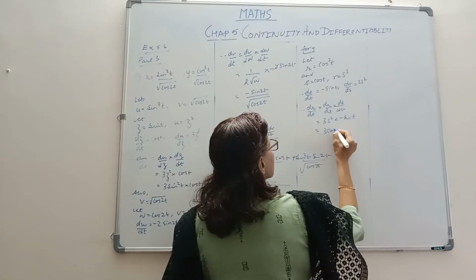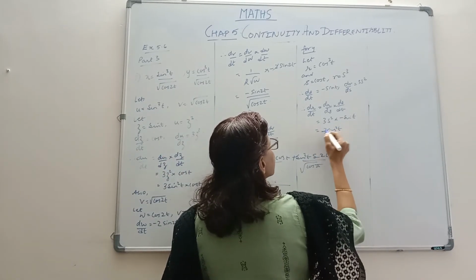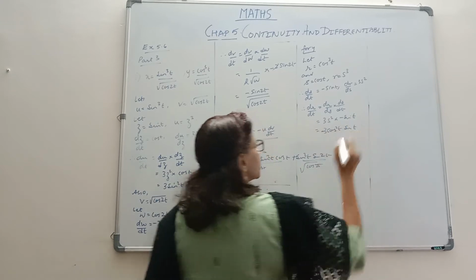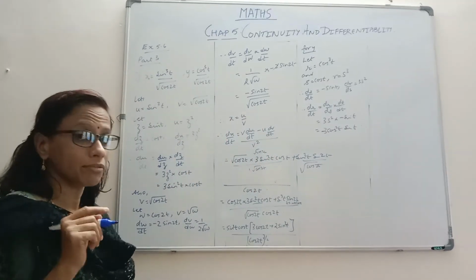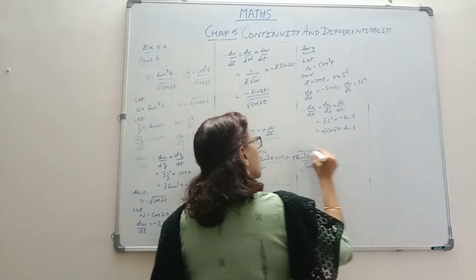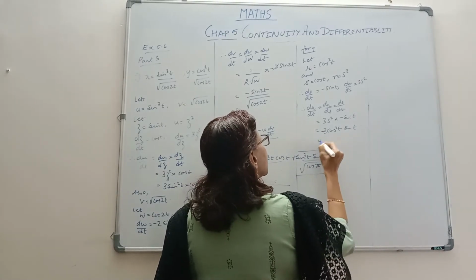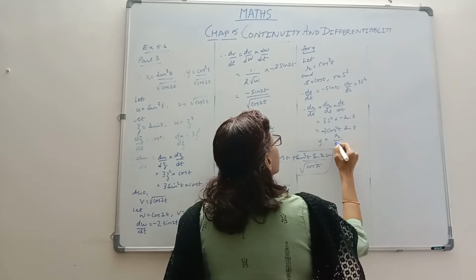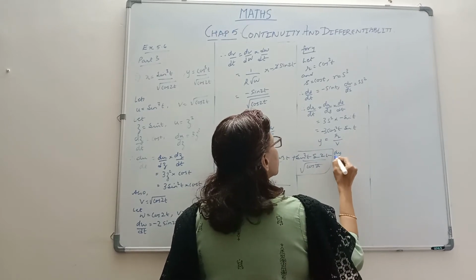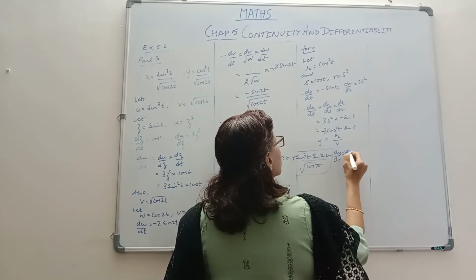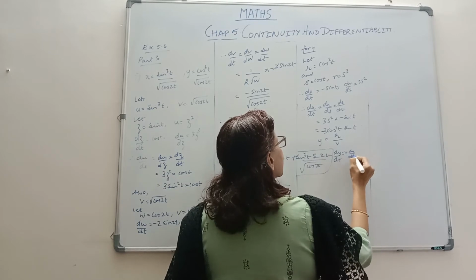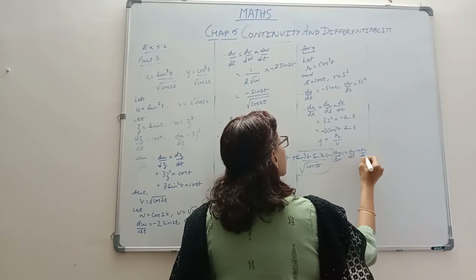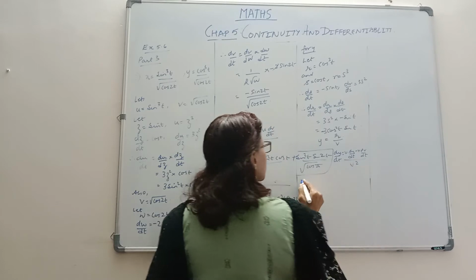So 3 cos squared t into minus sin t. So dr by dt is done, but we want dy by dt. y now is r by v for us. So dy by dt will become v into dr by dt minus r into dv by dt by v squared, like what we did before.